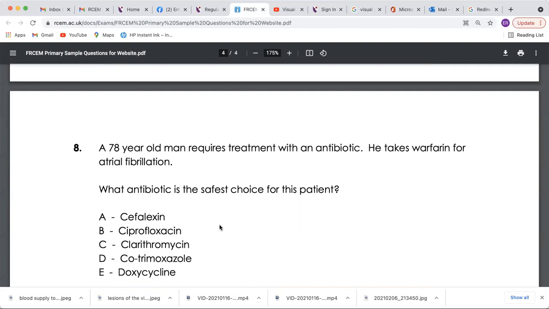In the previous question, we know that the antibiotic groups affecting this are quinolones or macrolides.